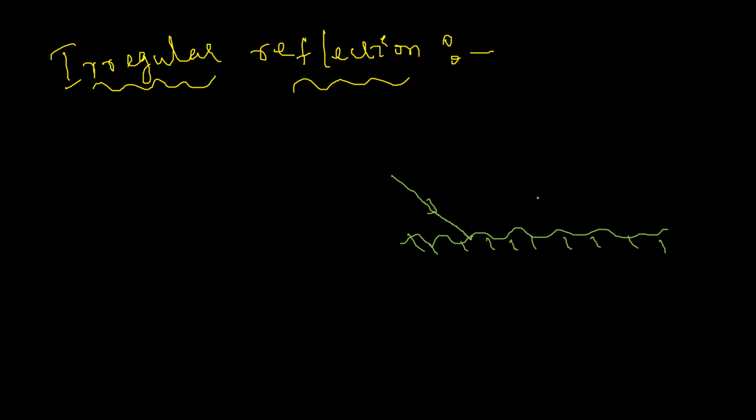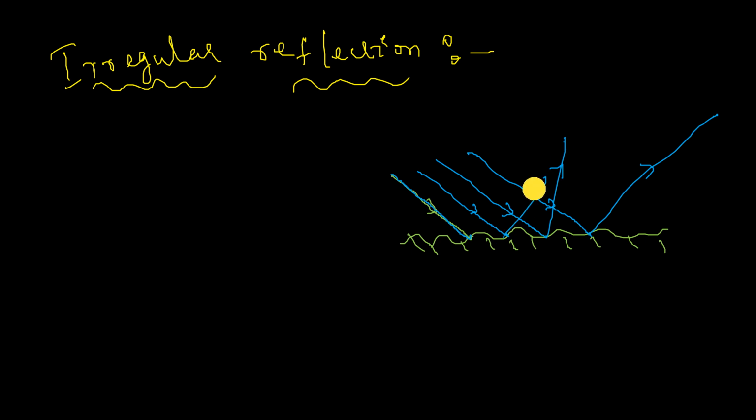The incident beam is parallel, so the light rays incident on it are parallel to each other. But the reflected light rays are not parallel to each other. They move in different directions, like this and like this.